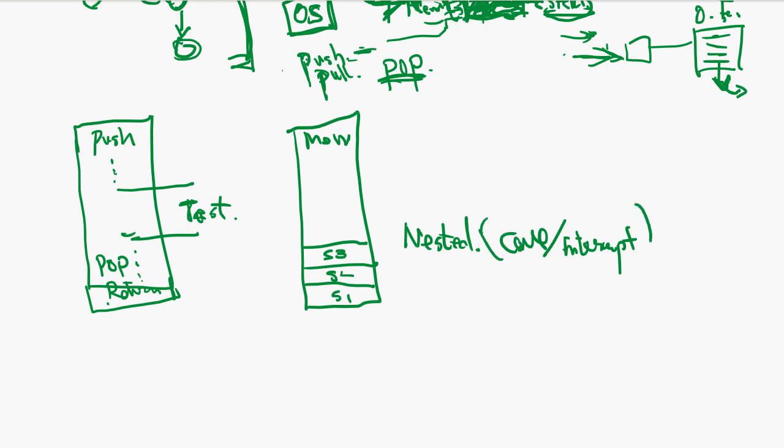Okay, because you don't know when you are doing a subroutine, you may have another interrupt, and you may create another stack and execute. The stack is always restored in order of creation.